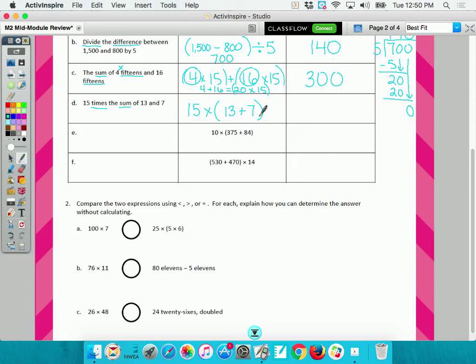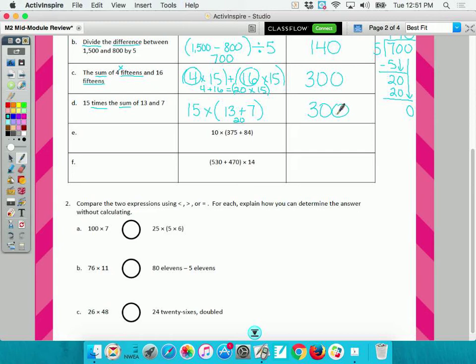Is that what you wrote? Good. Now how do you solve it? What do you do first, add or multiply? Add. Okay, so I'm thinking that I already know the answer to this. What's the answer? 300. 15 times 20 is 300.